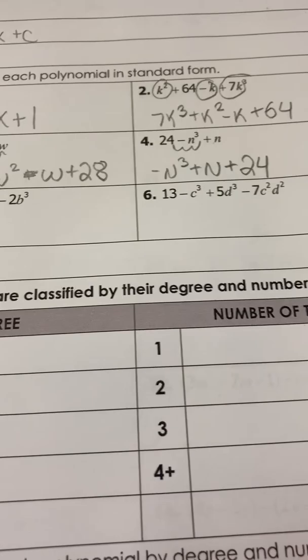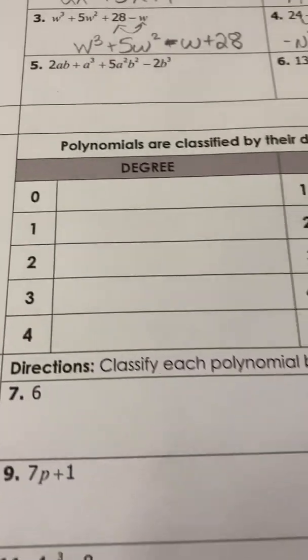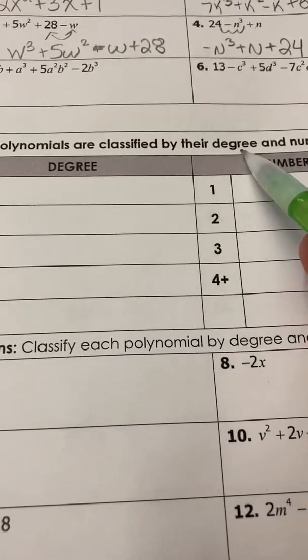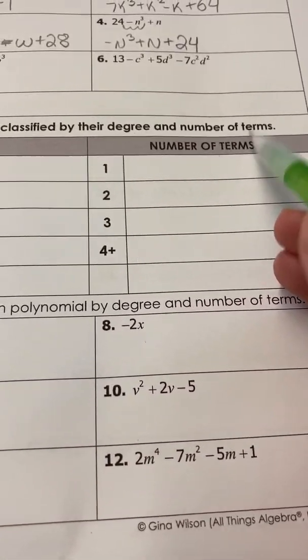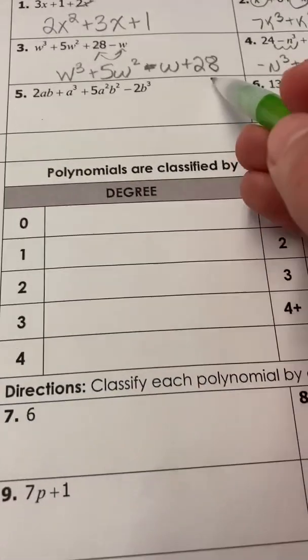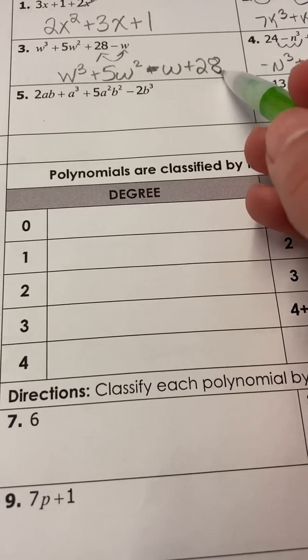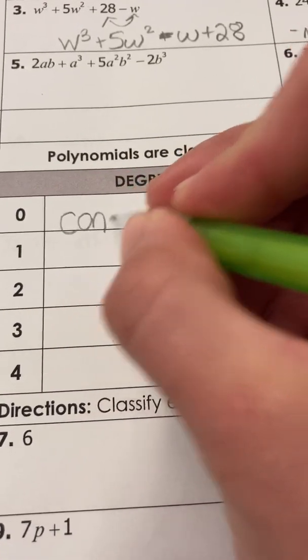Okay, we're also going to talk about classifying or naming polynomials. We can name them by their degree, which is the highest exponent, and number of terms. So according to the degree, we kind of already talked about it. If there's 0 exponents, just like a regular number, we call that a constant.